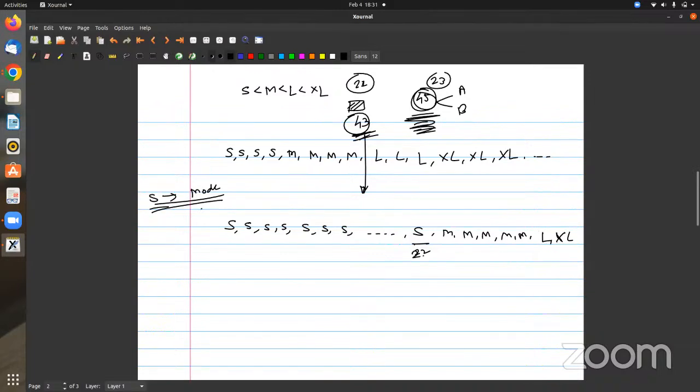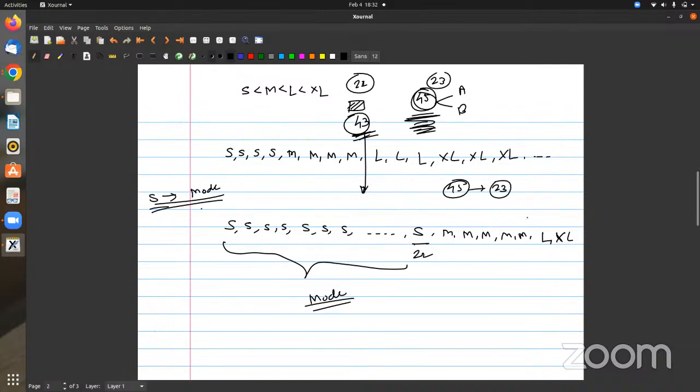So suppose I know that this is the median of the jersey sizes, as well as the mode, right? To have S as the mode, how many observations should we have in a total of 45 people?